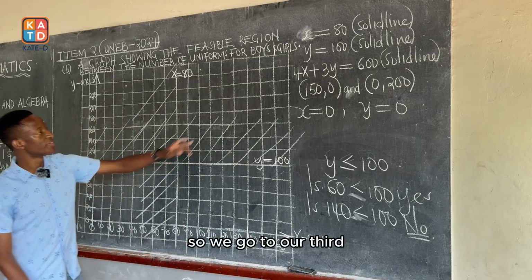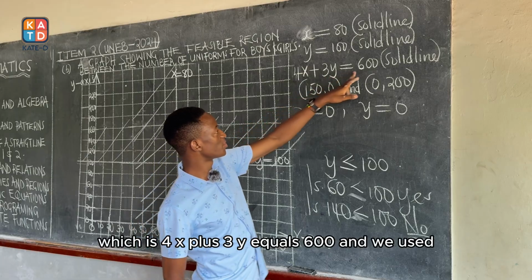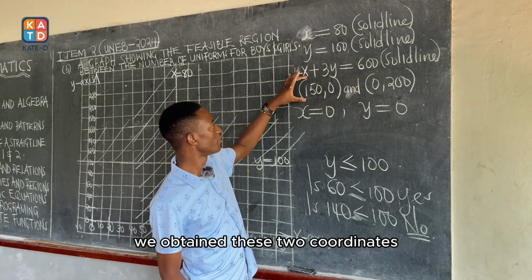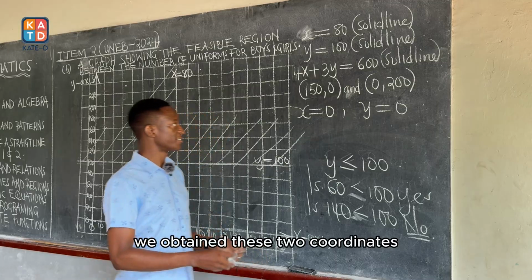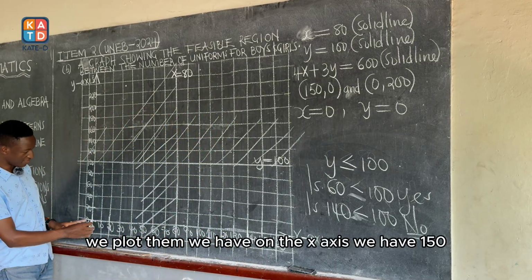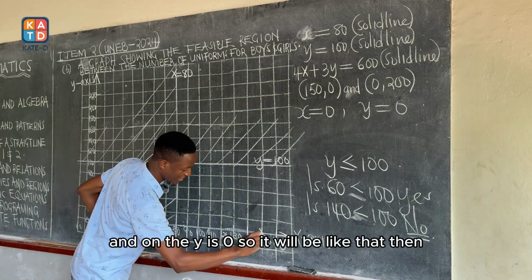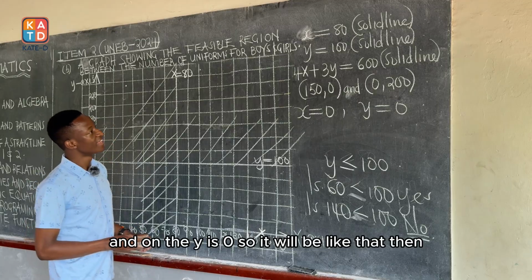So we go to our third, which is 4x plus 3y is equal to 600, and we obtained these two coordinates. We plot them. On the x-axis, we have 150, and on the y is 0. So it will be like that.